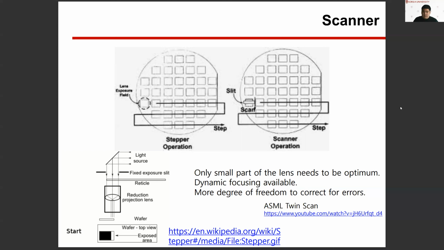As you can see, not only the wafer but also the lens itself moves back and forth to make one die. And after making a shot of one die, it moves the wafer a little and begins shooting another die.